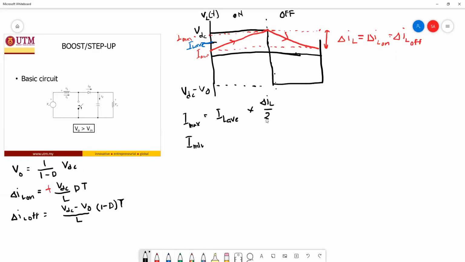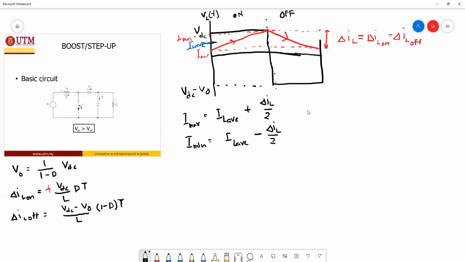For I min, you can calculate IL average minus delta IL over 2. For delta IL here, you can use either delta IL on or delta IL off, depending on which one you prefer, because as you can see the value is similar.